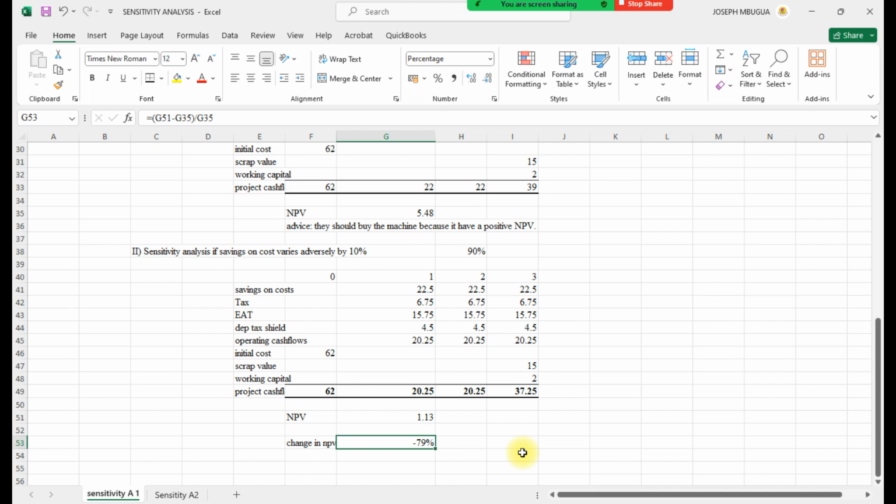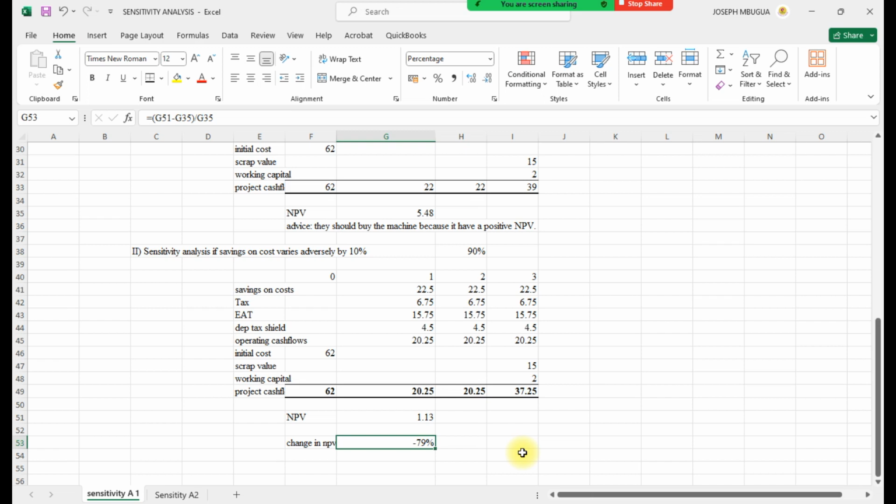So it will give a very big change in the net present value, and that's why when you talk about sensitivity, we are looking at the sensitivity of that particular variable to changes in NPV. If we change one variable, how will the NPV change?